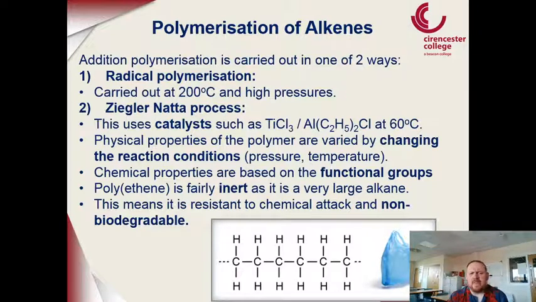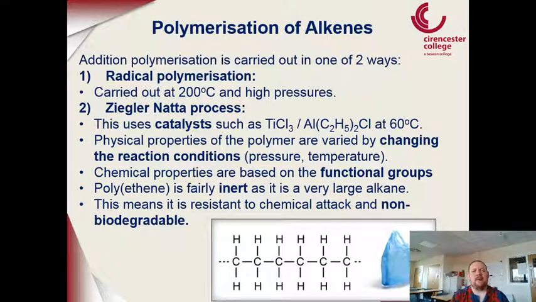Now, polythene, as you can see, is a really long carbon single bond carbon chain, with the odd hydrogen carbon bond, and they are quite strong bonds. Because they're quite strong bonds, and because there's not much polarity on the chain, they are chemically inert.